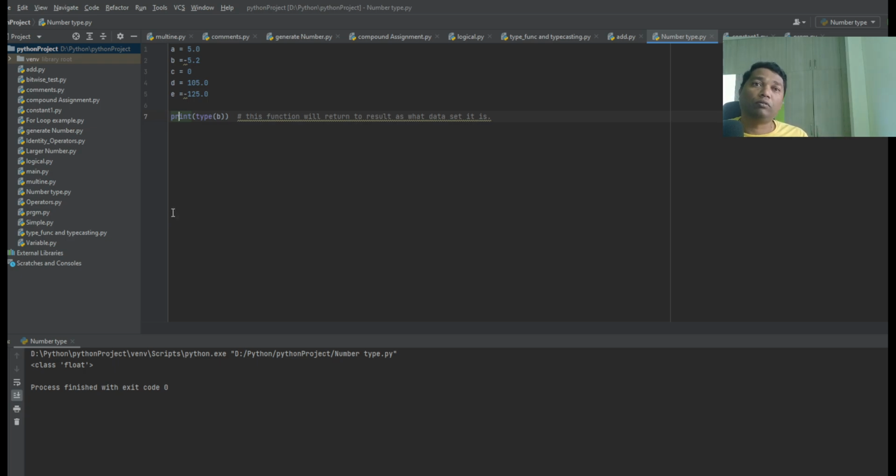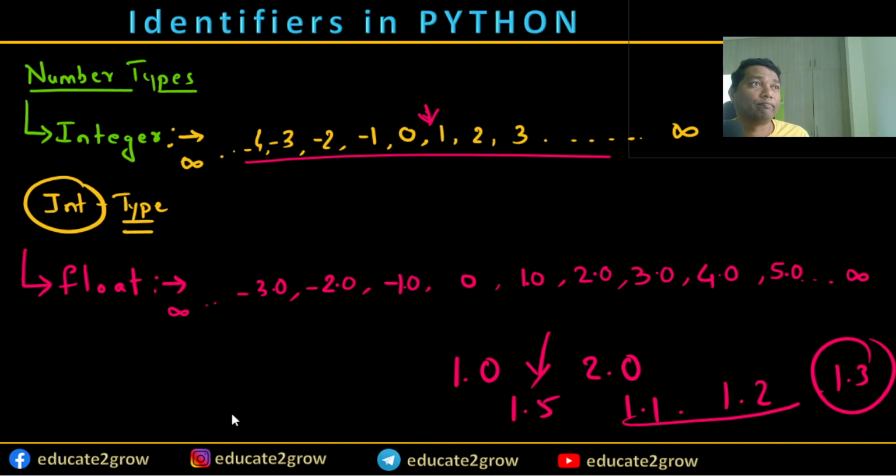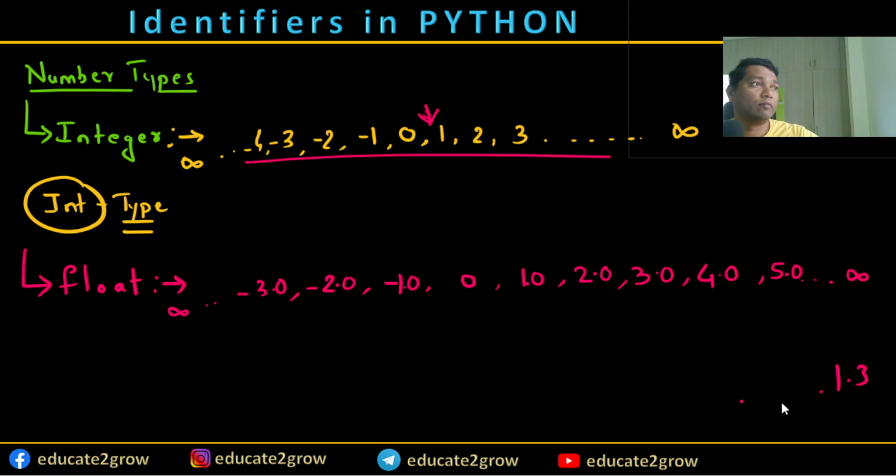Let me go to the slide and let me explain. The next one is complex number. Let me delete these things. Third one is complex.